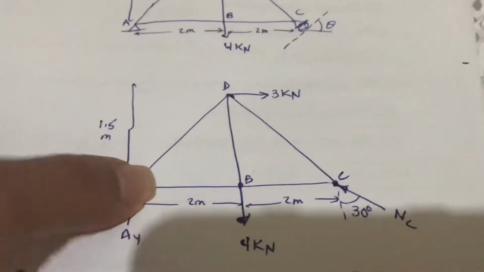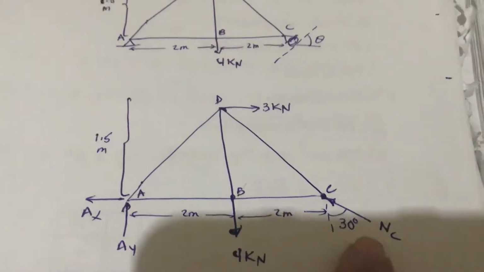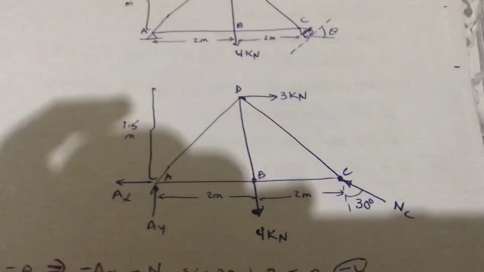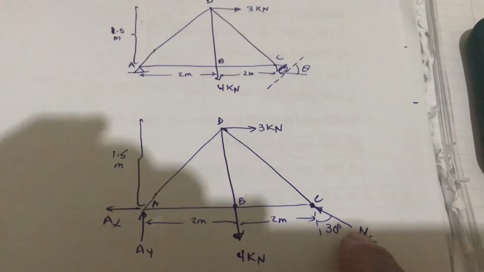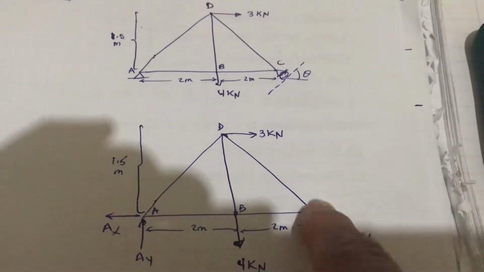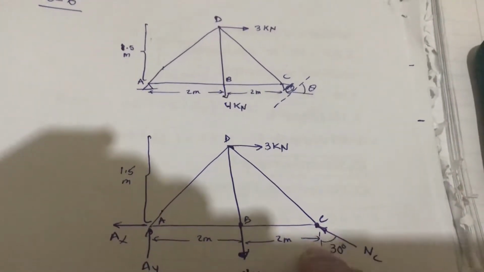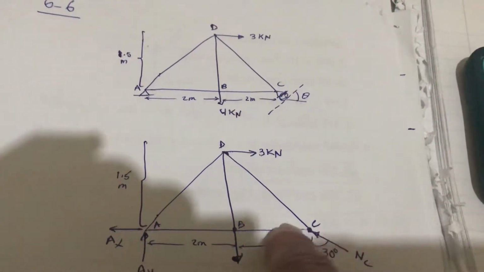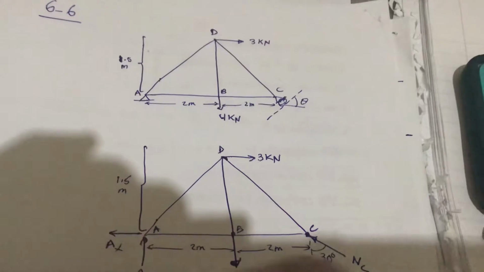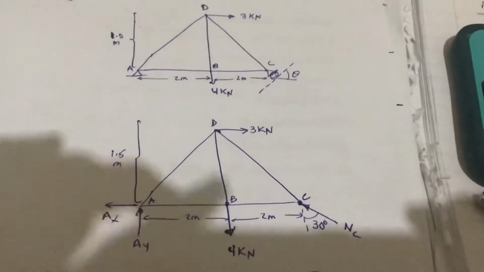Moment at point A, we could find NC. Remember, when you take moment at point A, this normal force would have one component in the y-axis, N cosine 30, and one in the x-axis, N sine 30. The N sine 30 is in the same line of action as A, so it will cancel out. Don't take it into consideration.